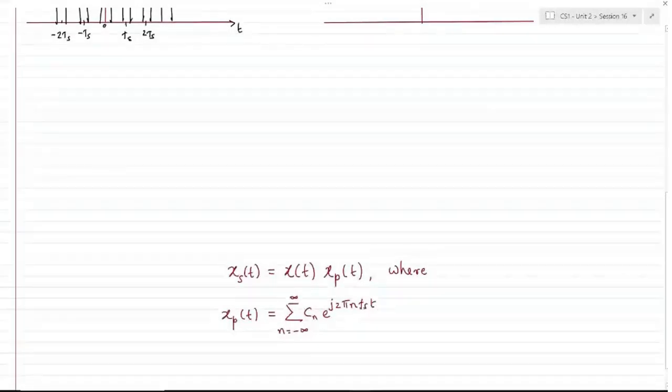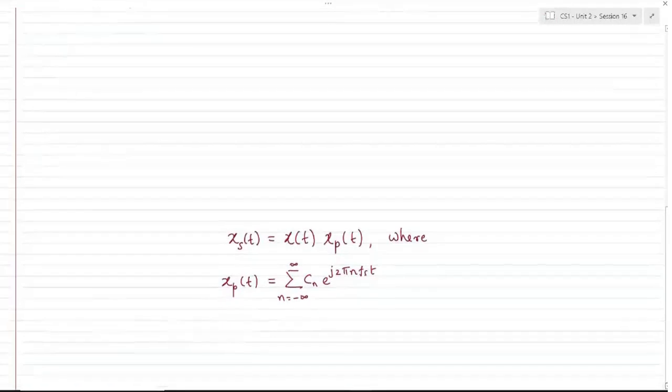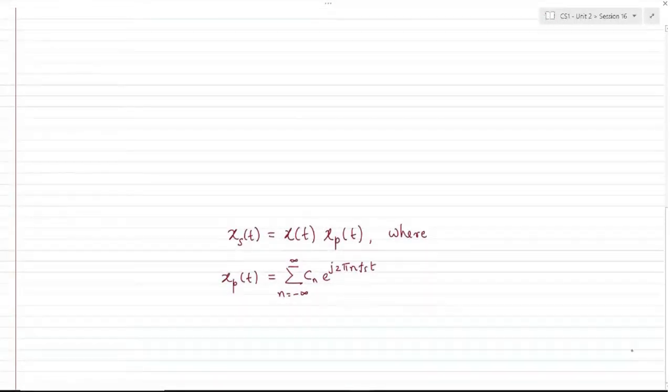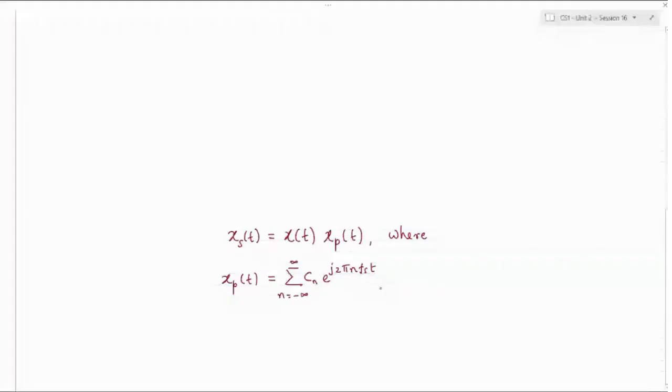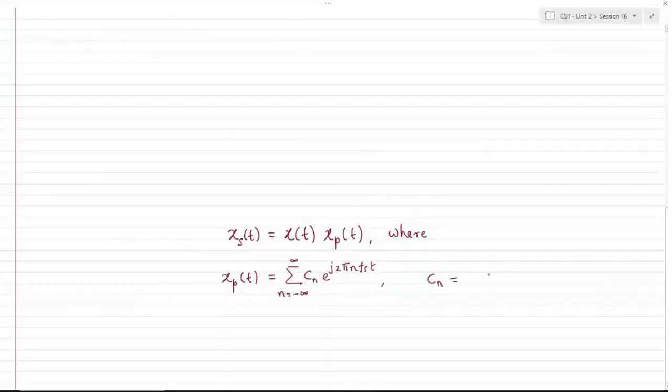Then if I take the Fourier transform of this xp of t to represent it in its frequency domain representation, you should also know that cn are the coefficients.